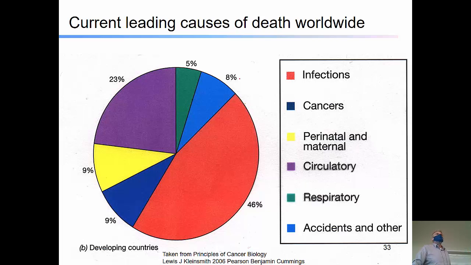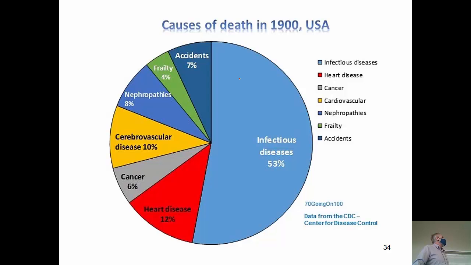But if we were to look at leading causes of death, and this is taken from 1900 in the USA, what you see looks almost exactly like what we see in the developing world. It's basically almost a mirror image. Okay? And so this just tells us that when people don't die of infections, they're going to die of something else.